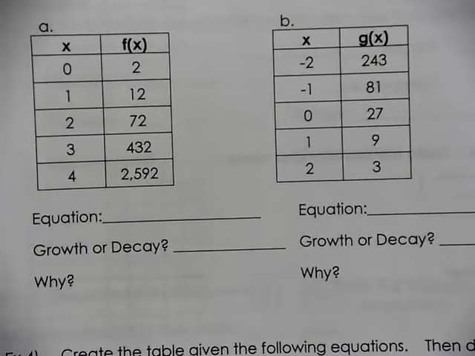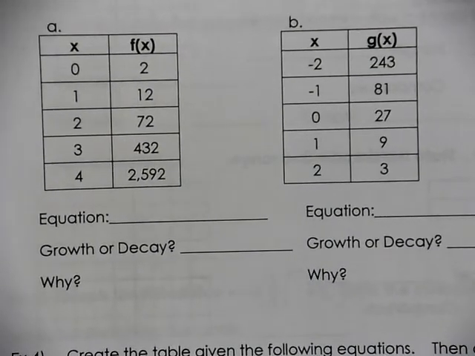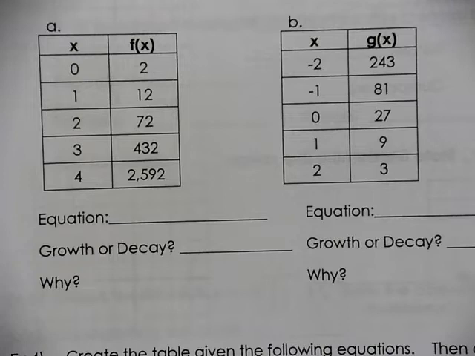So if we're looking at a table, we can determine an equation. What do we need to know to determine an exponential equation? You need to know an A value. And the A value is what?